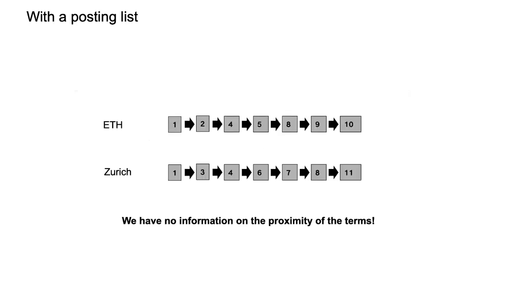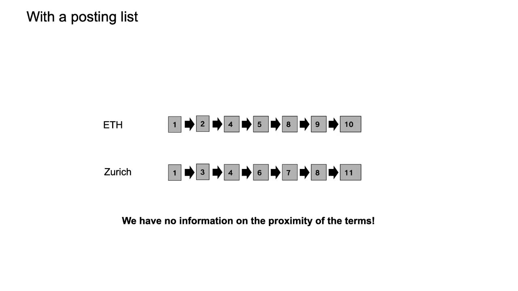All right. Now, how do we execute a phrase search with the standard inverted index? The answer is we can't. Why? Exactly, we don't have the position of the words. All we know is that document 1 contains ETH, document 1 contains Zurich, but you have absolutely no idea.